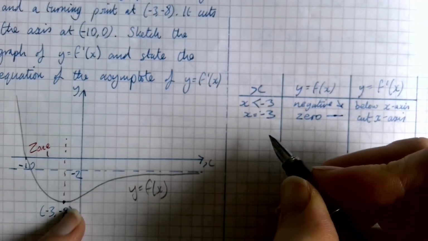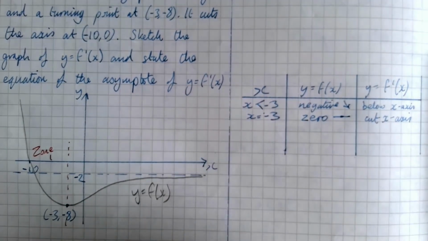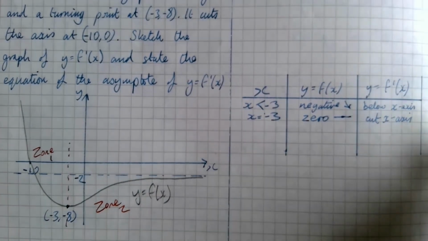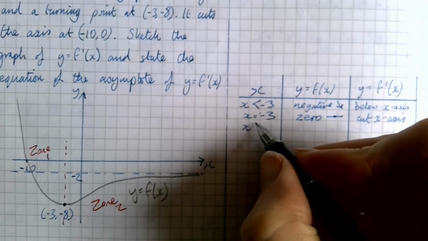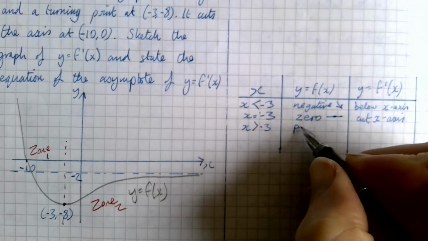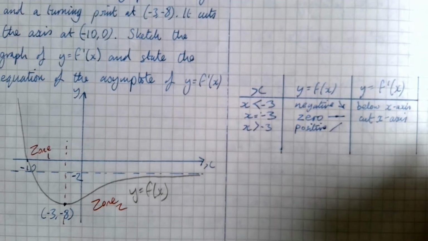Moving on after that, we're now going up, aren't we? So if we call this zone 2, it's always positive. So when it's bigger than -3, it's always positive. So it's going up.